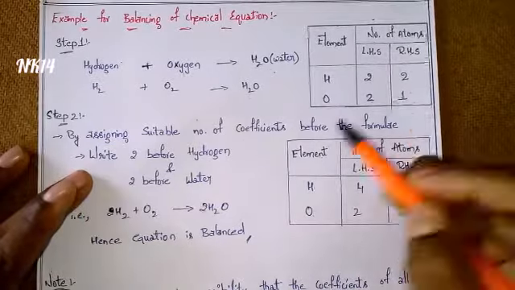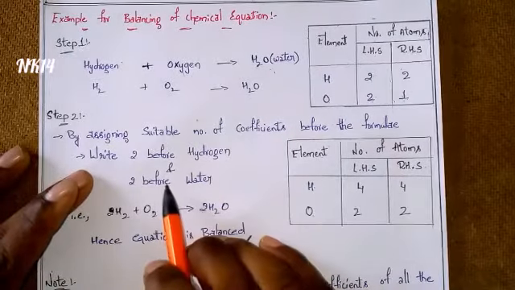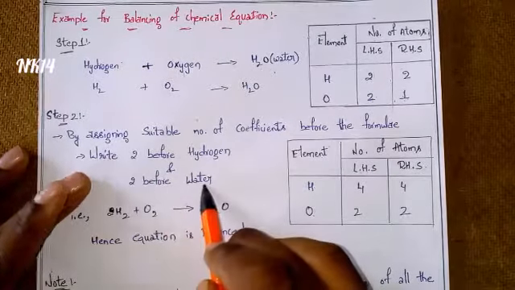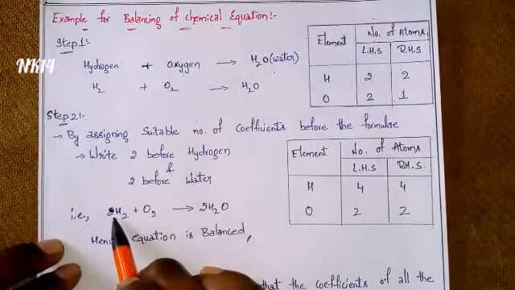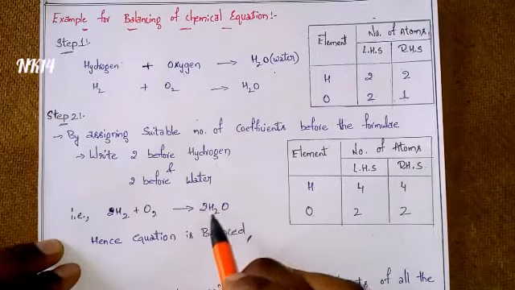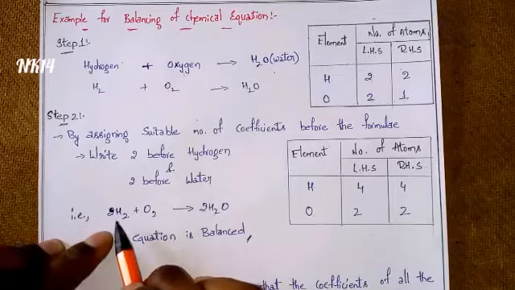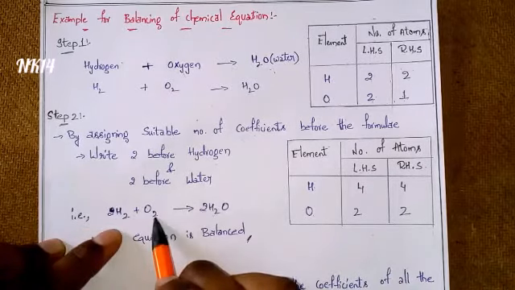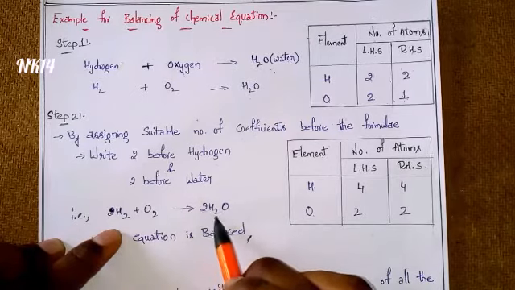For this balancing, we write coefficients before the formulas. That is, see, 2 before the hydrogen and 2 before water. If you write these 2s, you will get 2H2 plus O2 gives 2H2O. That is 2 molecules of hydrogen plus 1 molecule of oxygen gives rise to 2 molecules of water.